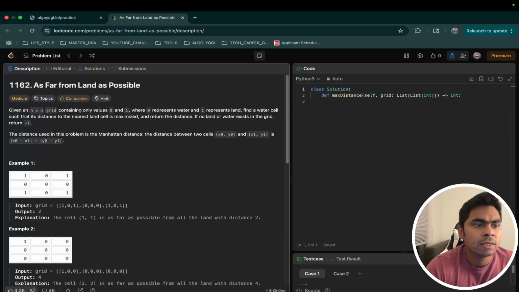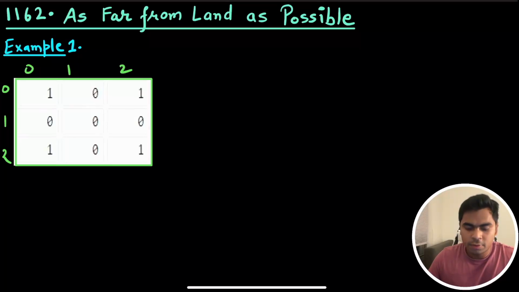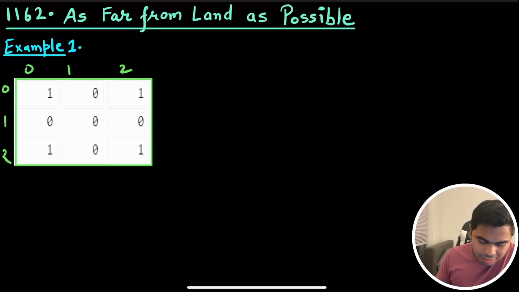So now let's consider the first example. Alright, so I have taken the first example here. This grid has zeros and ones, right? So we don't have to worry about returning -1. Our objective is to find the water cells. What are the water cells? These are the water cells.